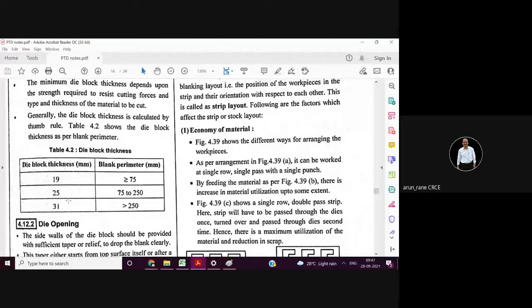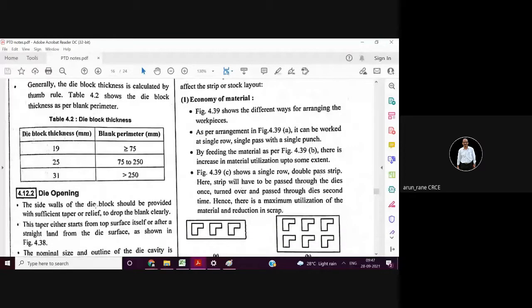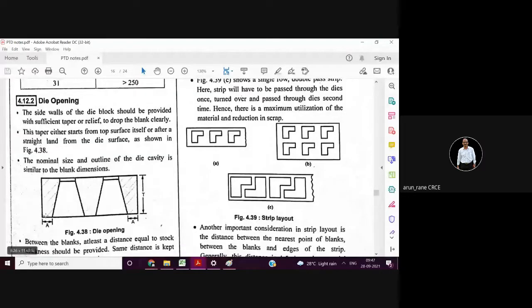Then the die opening. This is what is called the die opening. Some portion has to be straight, that is called the land. This is the thickness of the die block. Generally we keep this straight land as 5 mm.